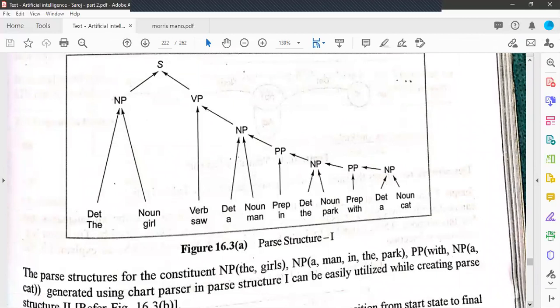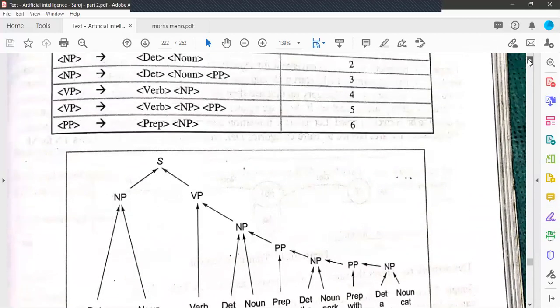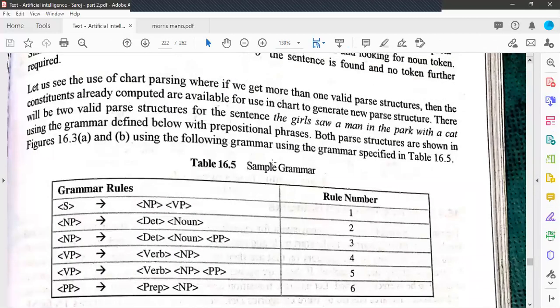So here, what is given is for this chart parser, two parse trees have been given for this sentence: The girl saw a man in the park with a cat.